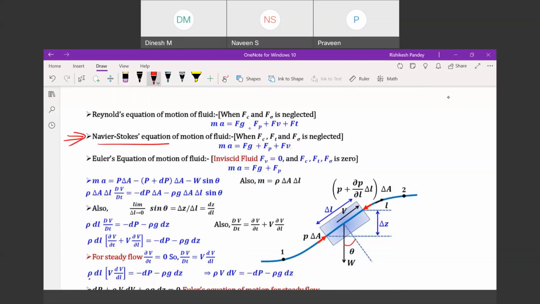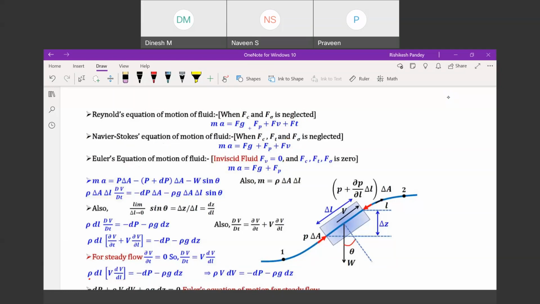And if we further neglect the viscous forces, if we consider inviscid fluid, then we get Euler's equation. Then we derived the differential equation, and when we integrate it, we get Bernoulli's equation. In Bernoulli's equation we have not considered the viscous effect of the fluid.